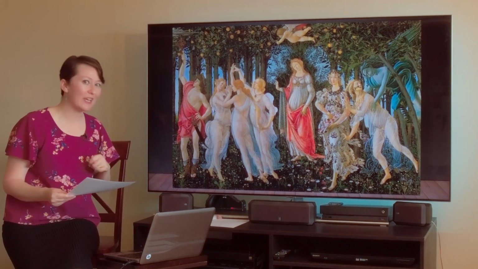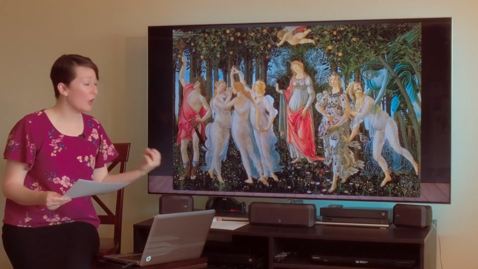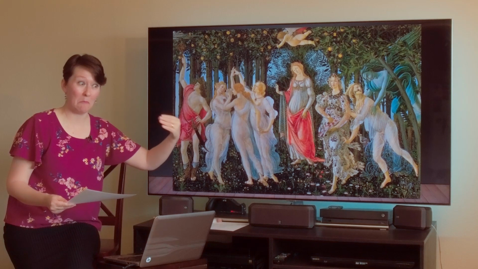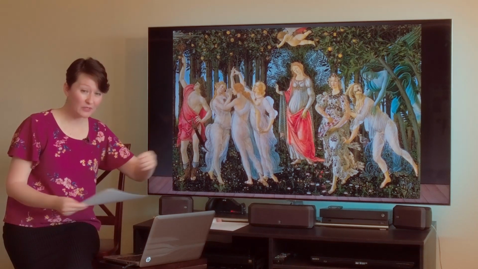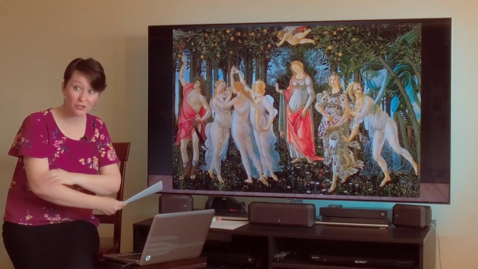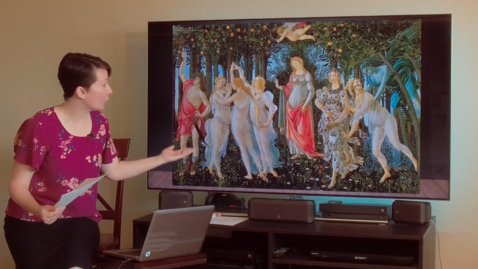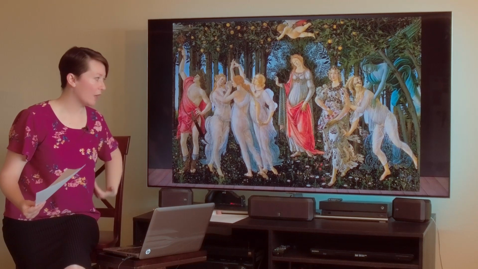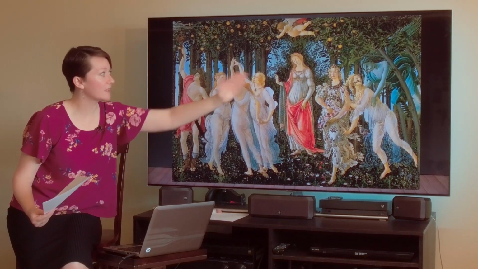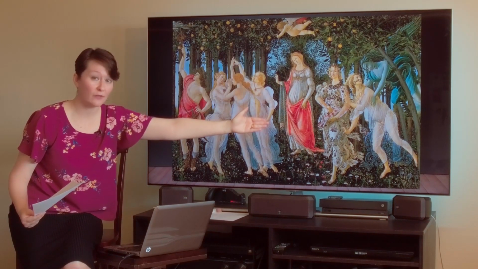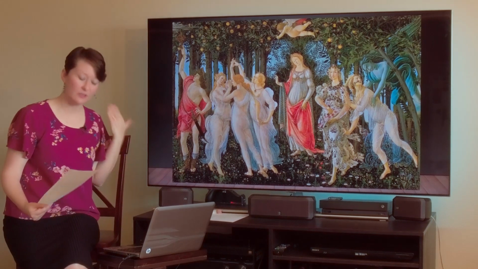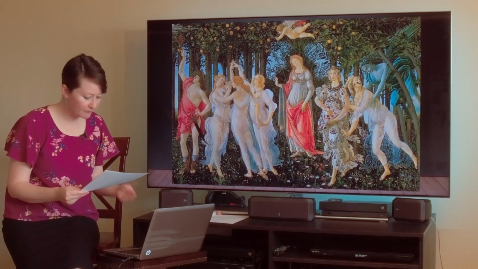But they're also looking at the human body. Artists during this time were actually visiting morgues and attending autopsies so that they could understand the musculature and depict bodies more realistically. And if you notice, our three graces wear very sheer dresses, and same with Chloris here off to the side, very sheer so that we can see the beauty of the human body.